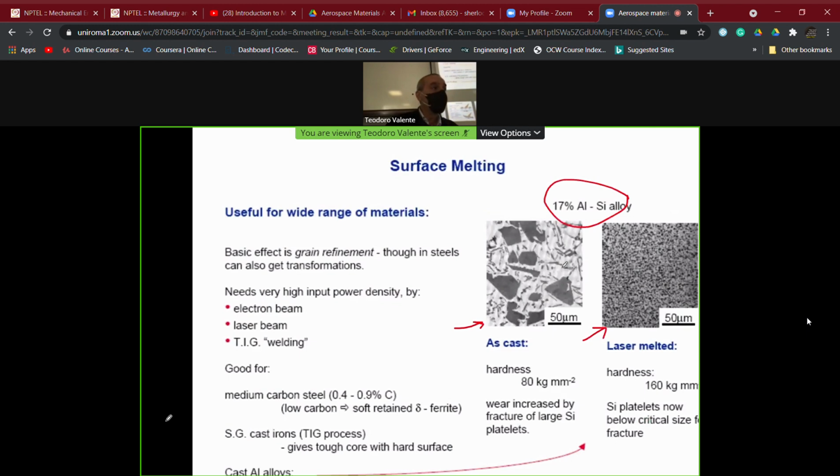And in this special case, this resulted in double the hardness of the surface itself, because we have changed the microstructure. Remember, hardness is an extrinsic property because it's linked to the yield strength of the material through the simple formulation we have seen before, and the yield strength is an extrinsic property of the material. That is, it depends on the microstructure of the material itself.